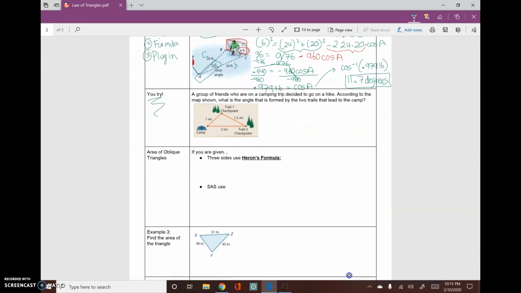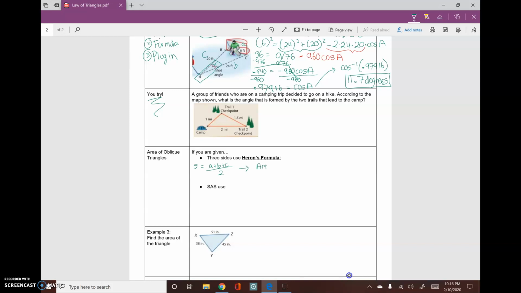Moving on to the area of oblique triangles. There are many formulas you can use. The one that is preferred, something called Heron's formula, is S is equal to A plus B plus C over 2.